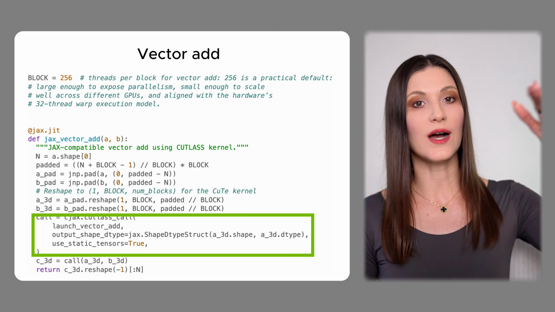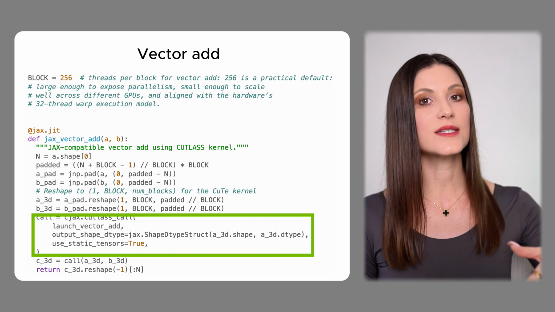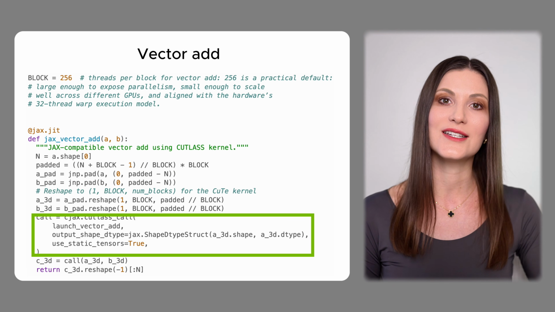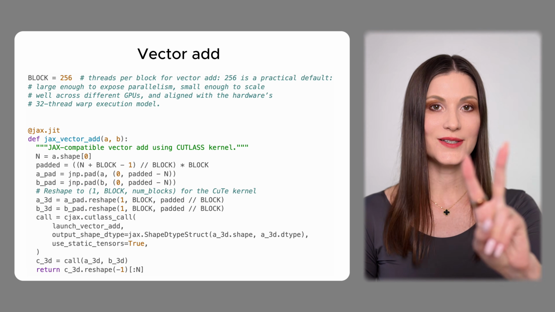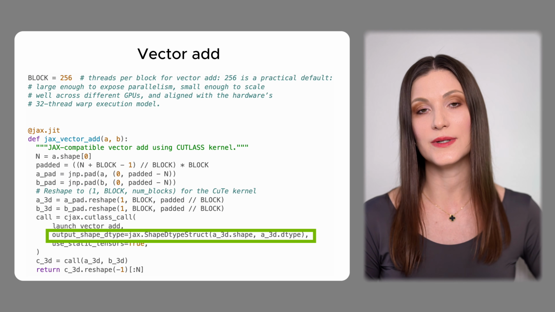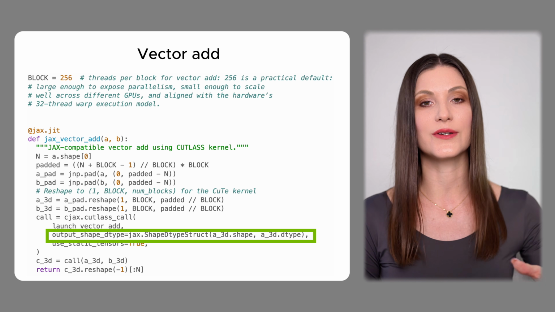Now the key part, calling this from JAX. The trick is we wrap the launcher with cutlass_call, which gives us a callable that can execute as a JAX custom call inside JAX JIT. Two important details. We must tell JAX the output shape and dtype upfront, so XLA can compile the graph.